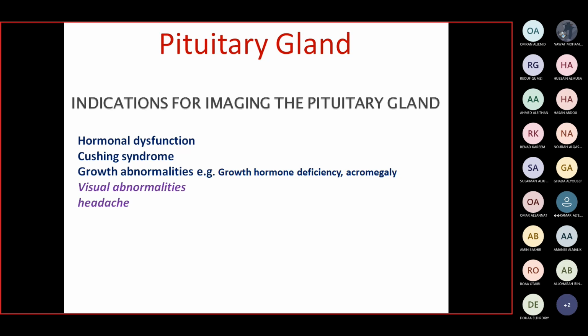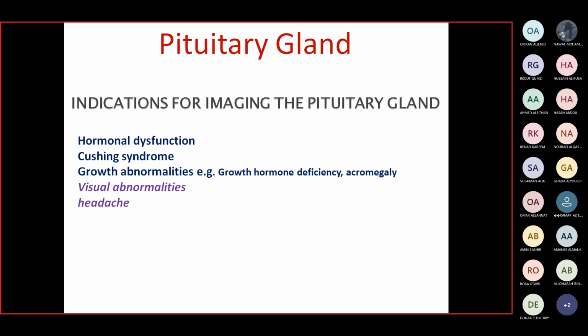When there is an increase or decrease in the level of these hormones in the blood, this may be an indication for imaging of the pituitary gland to know the cause of the abnormal functioning.